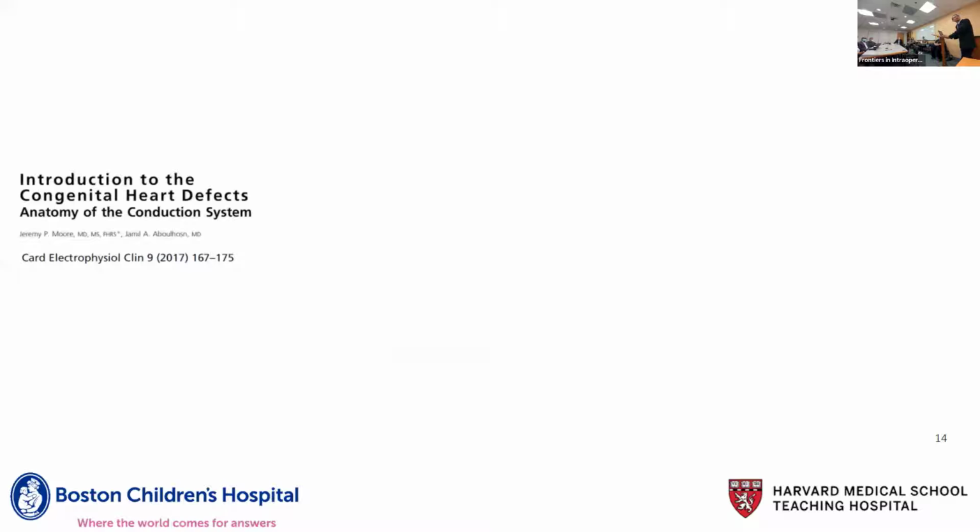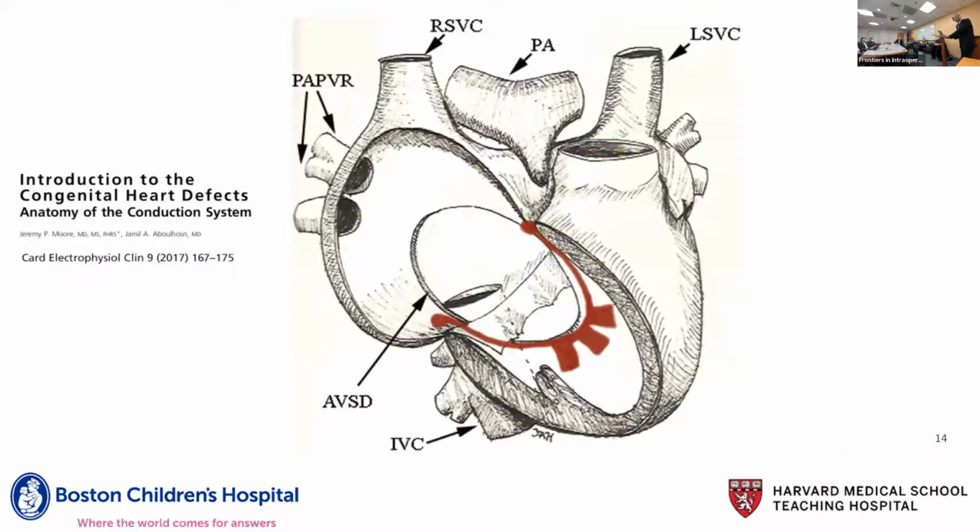Looking at a picture from this paper in Clinical Electrophysiology, it's a depiction of the lesion in these complex defects. You can see a view with the RV and the right atrium carved out. This particular variation of heterotaxy shows ipsilateral drainage of the pulmonary veins and a left SVC with pulmonary atresia and an AV canal.